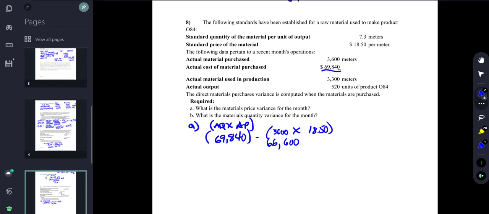So when we take 69,840 minus this, which, by the way, this is based on standards, this is the actual, we're going to have a variance of 3,240. And because the actual is higher than the standard, we're going to have an unfavorable variance. So when we do this calculation, we'll do the actual times actual and actual times standard. If actual is higher than standard, we have unfavorable variance.